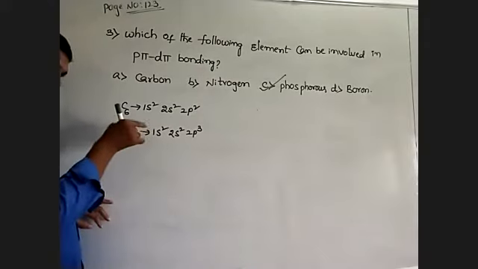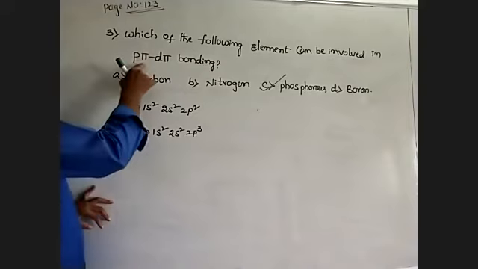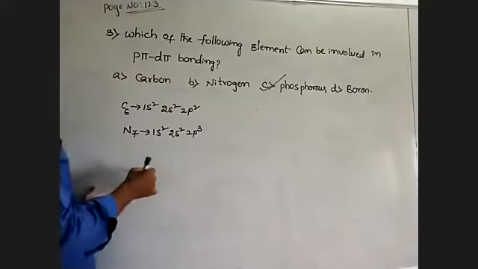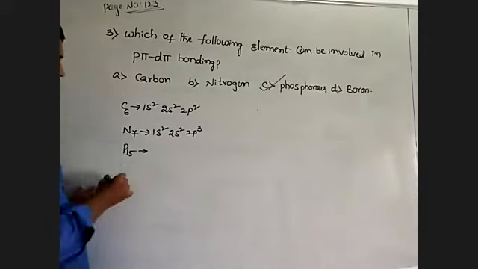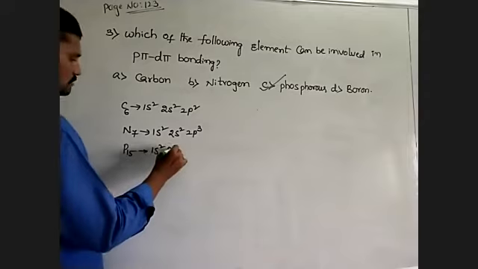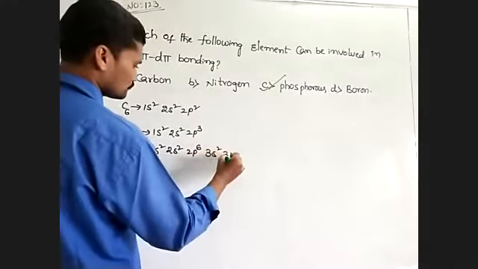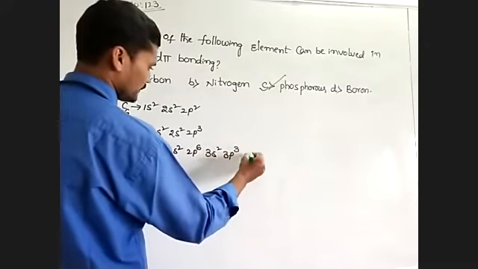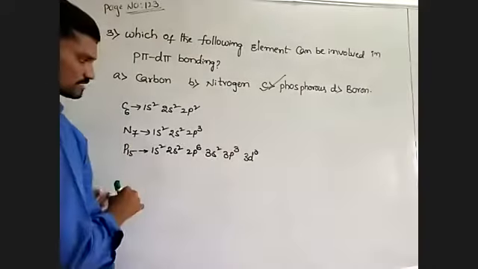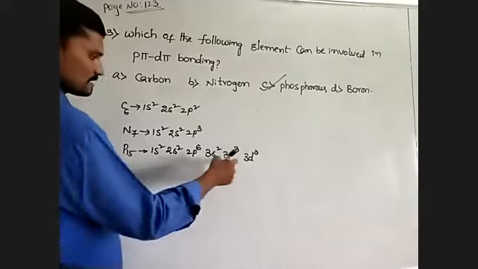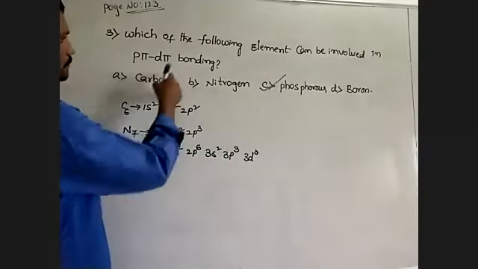So nitrogen does not form p pi d pi bonding. So next coming to phosphorus. Phosphorus atomic number 15. So 1s2, 2s2, 2p6, 3s2, 3p3, 3d0. Okay, that is the electronic configuration of phosphorus. So in phosphorus, there is presence of d orbital. So it can form p pi d pi bond.